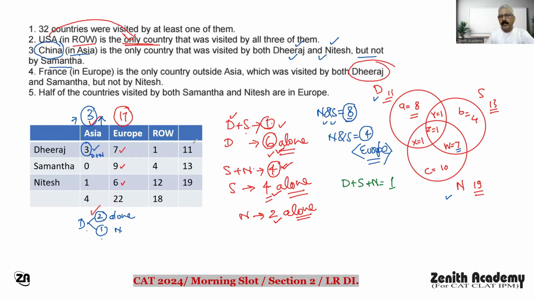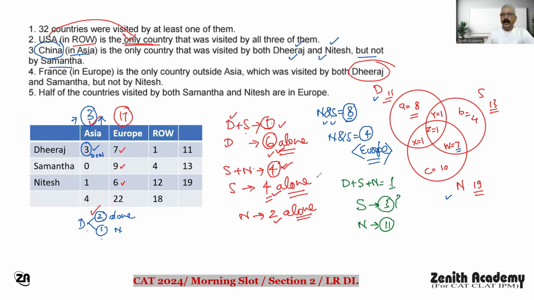So Dheeraj's data 1 is satisfied. Now Samantha visited 4 countries in the rest of the world. So 1 country is over. So what about the 3 countries of Samantha? And here Nitesh visited 12 countries. So 1 country with Samantha and Dheeraj. So what about the 11 countries of Nitesh?